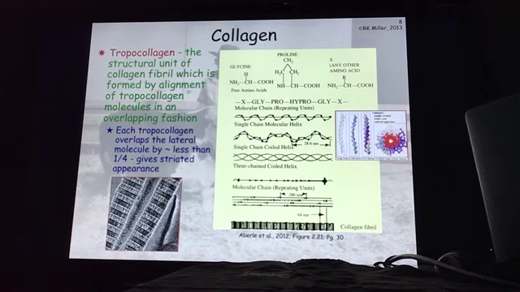we see the final protein, which is tropocollagen, and we put tropocollagen into a matrix to form a collagen fibril. And there's that quarter overlap of tropocollagen with the tropocollagen next to it.